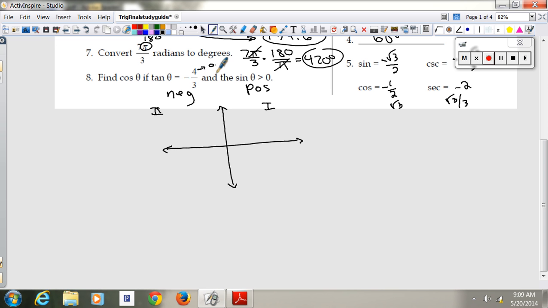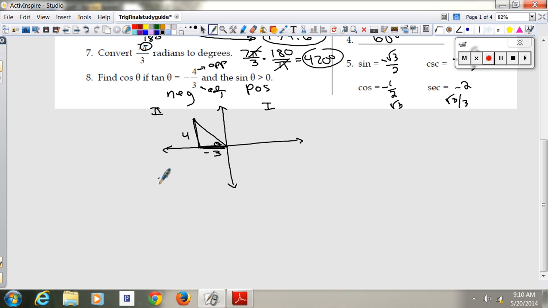Now the tangent gives us the opposite side and the adjacent side. Oh, a TOA, right? So the opposite is a 4, the adjacent's a 3. So my adjacent's coming over 3, and it's going to be a negative 3. My opposite side is a 4, and I just need to find my hypotenuse. And my angle is always down by the origin there. How do I get my hypotenuse now?